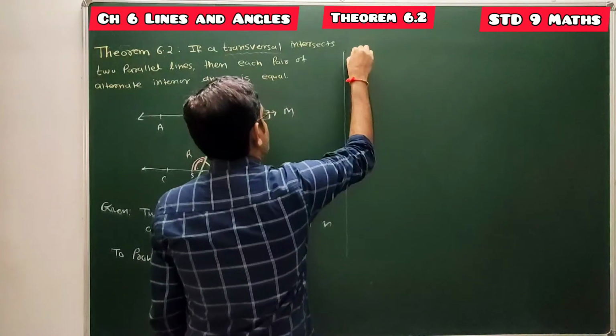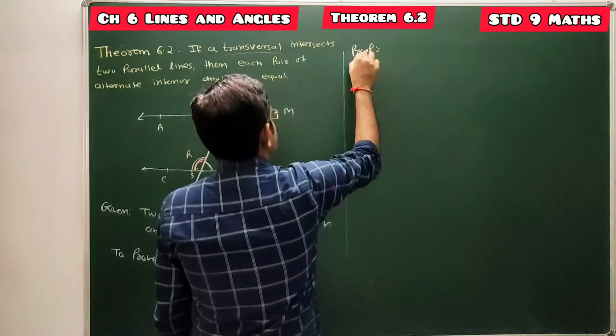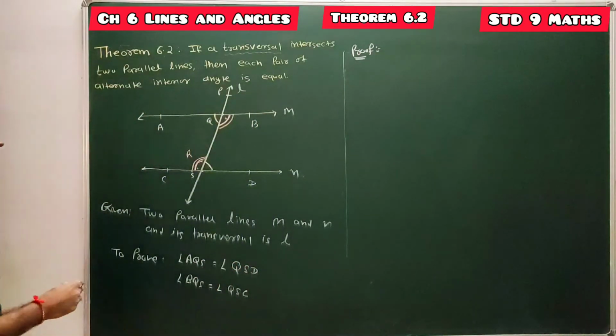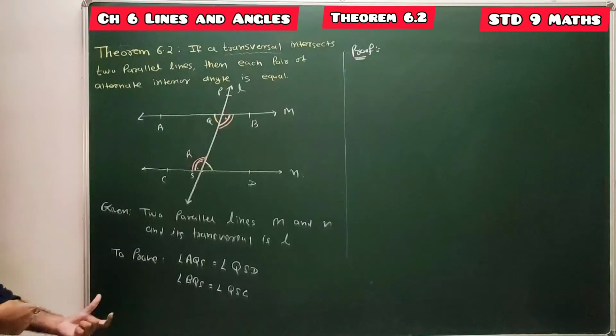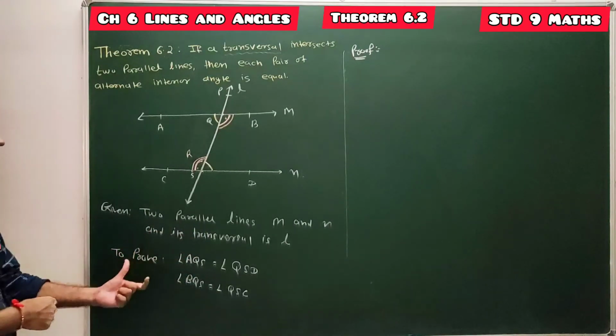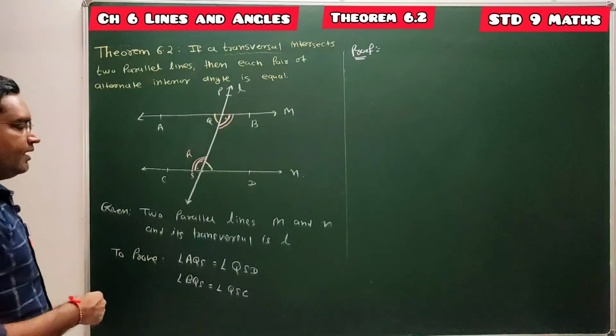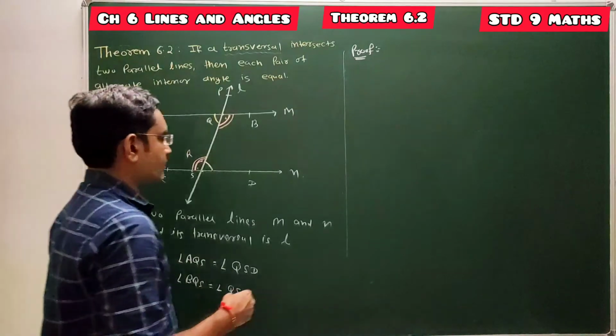Now the third part of this theorem is the proof. Our proof will start from the given and it will end with the thing to prove. What you have to prove, there our theorem will end. So let's start with the given: lines M and N are two parallel lines, and L is the transversal.